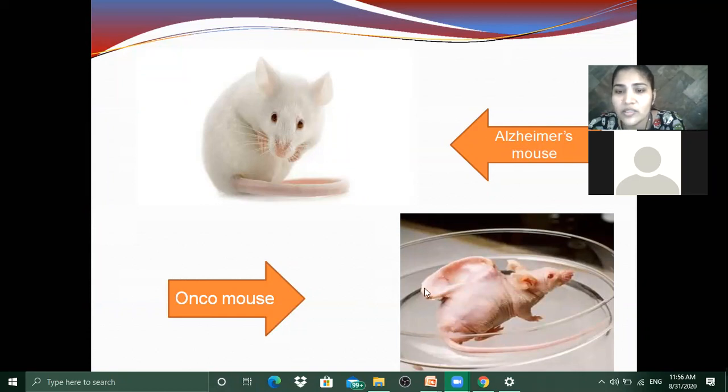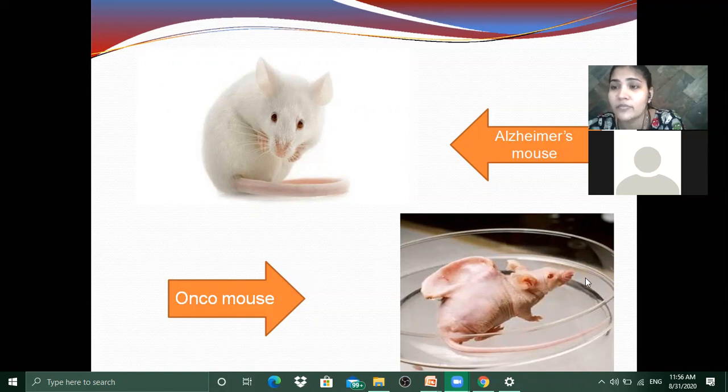You can see over here this swelling is nothing but the activated oncogene that has been inserted, and it has grown a tumor in the mouse. And this is how exactly the nude mice look. They don't have any hair or fur on their body, and they are immunocompromised.